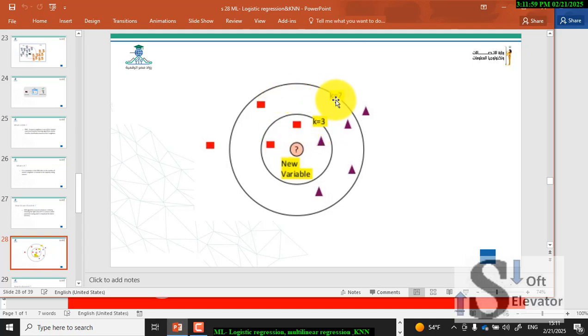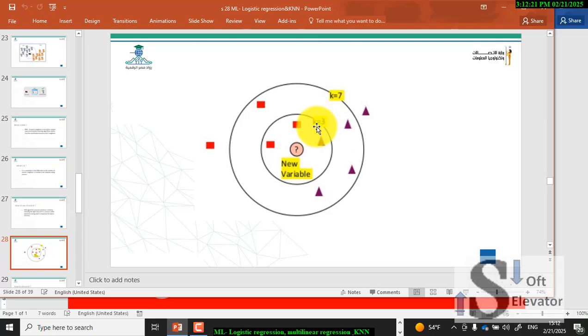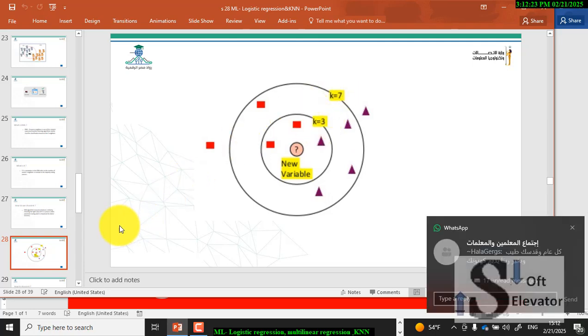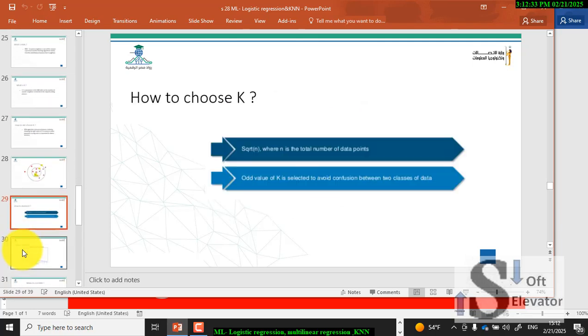If K equals 7, we have 3 red boxes, while we have 4 triangles. So the new variable here will go to the triangle. So it depends on K, 3 or 7. The selection of the K parameter is very important. How to choose K?